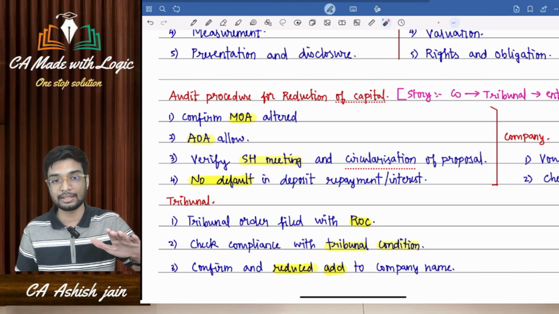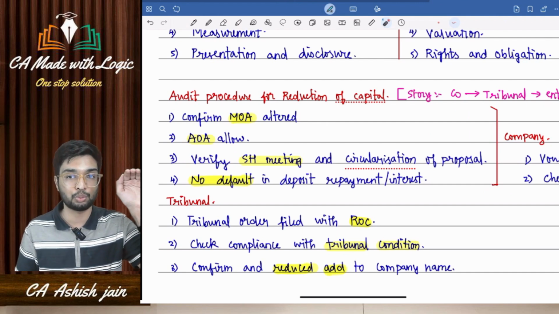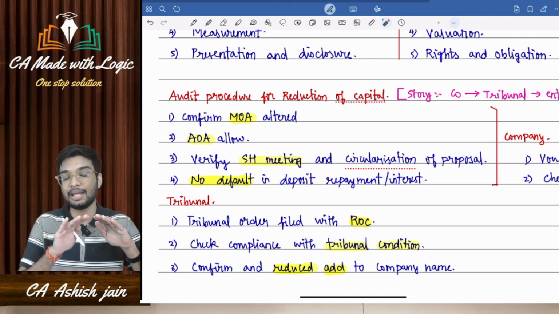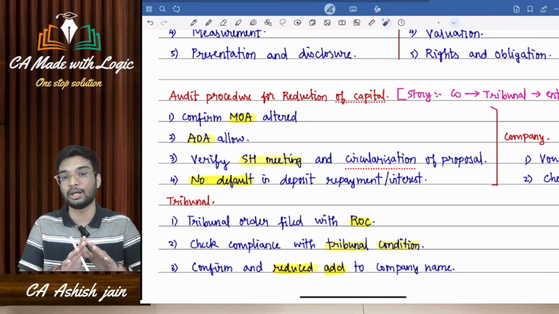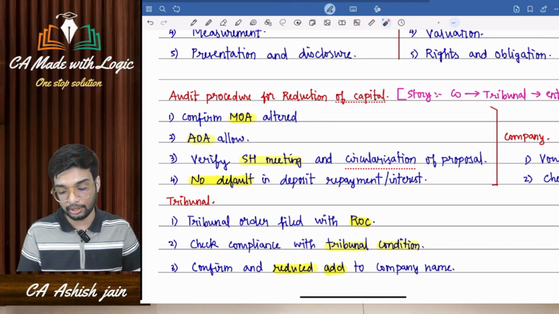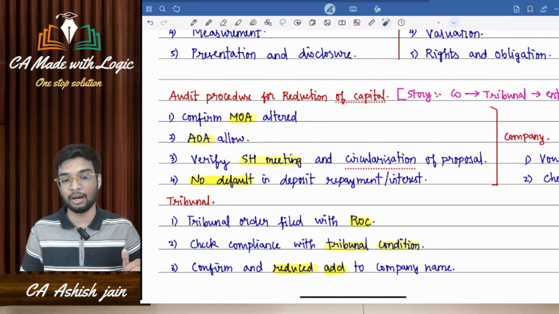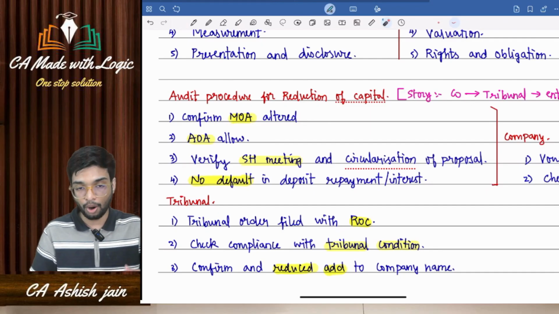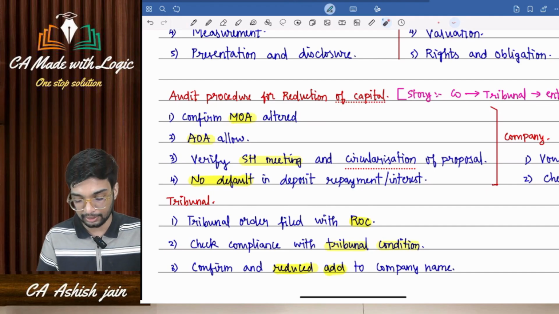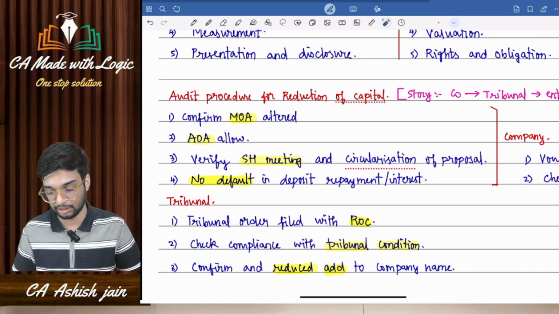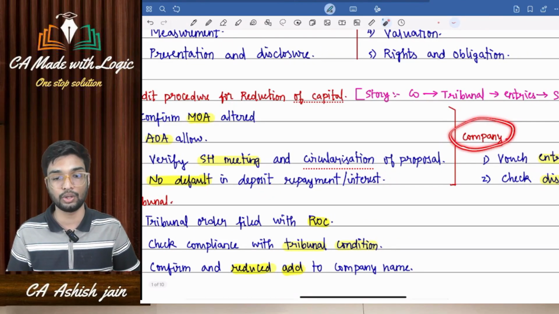Just imagine the capital was 1 lakh rupees and has now been reduced to 60,000. There will be discussions between the shareholders. The auditor will verify that meeting, what was discussed and why they are doing it, for what purpose they are reducing the capital, and that there is no default in deposit repayment or interest. So these 4 points are related to the company.